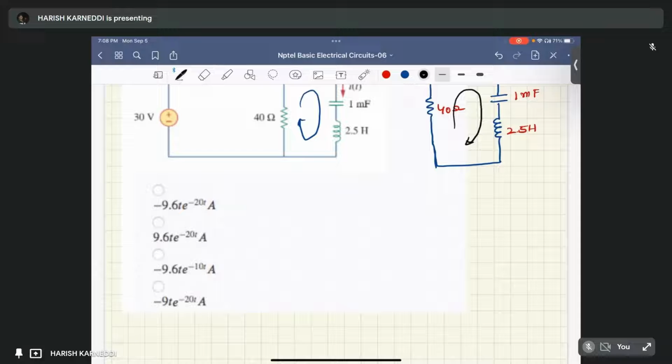Capacitor will act as an open circuit. Inductor will act as a short circuit, right?